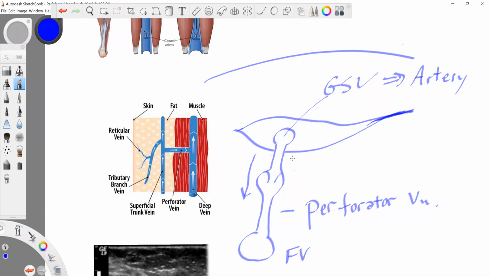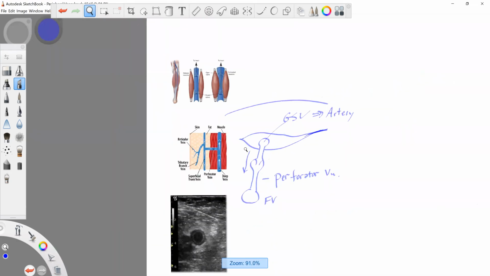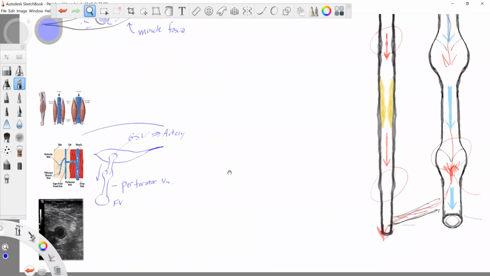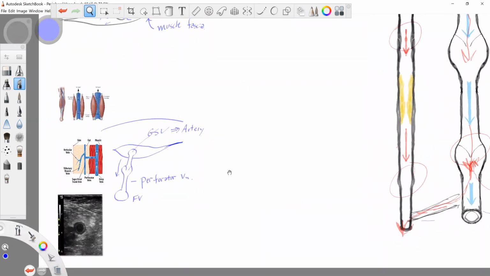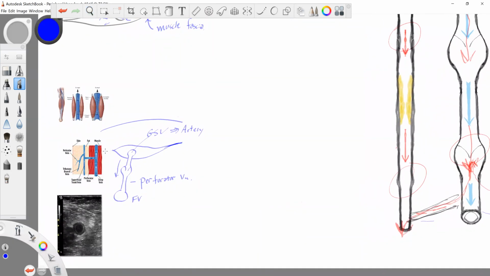But if we don't ligate this off, if the doctor doesn't know about this vessel, well, blood's going to go. Explaining it's one thing, but I think I need to draw that one. Let's just use red for artery.